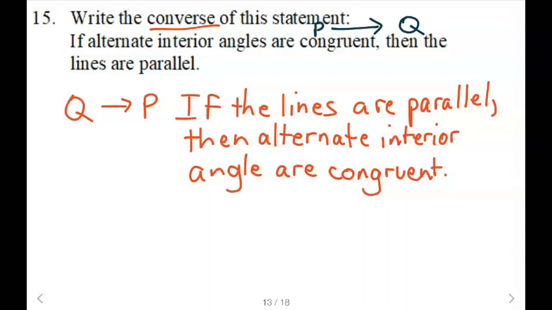So again, a converse reverses the P and the Q from your conditional.